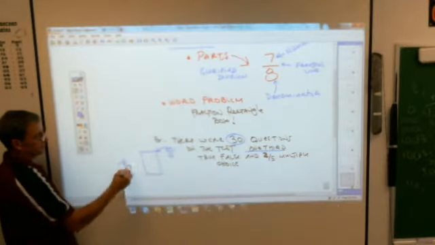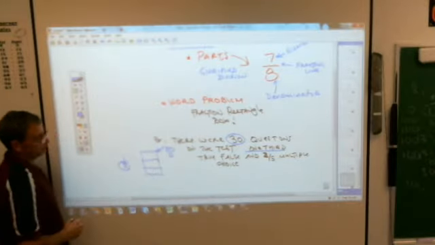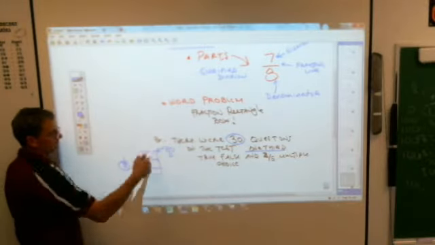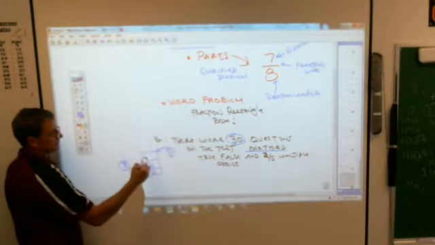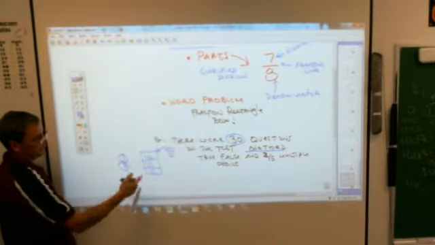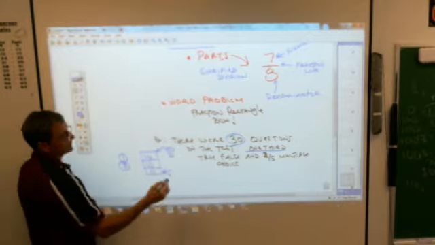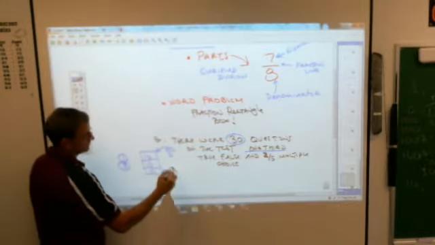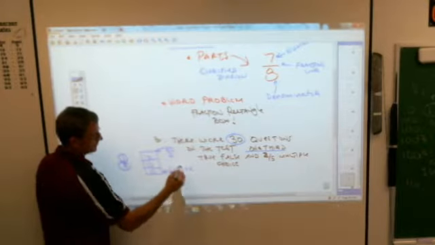The bottom number tells you how many equal pieces you're cutting it into. If you take 30, cut it into 3 equal pieces, each piece is worth 10. And the top number tells you how many of those pieces you have, which is 1. So I have just 10 true and false. That answers the first question.